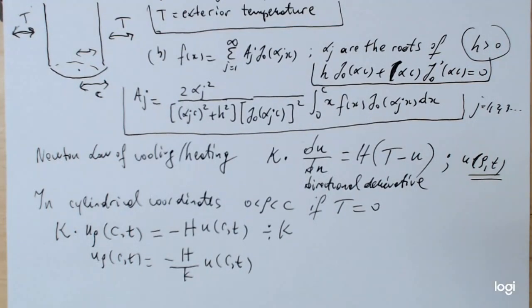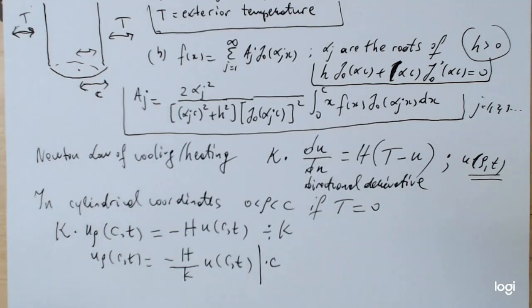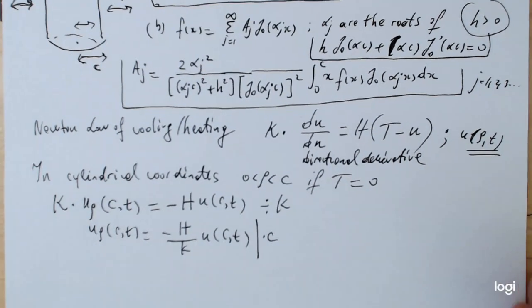And just for convenience, let's multiply both sides by c. Remember, c is a constant. It'll make the boundary condition, given in the formula, more compact. So c again is a constant, we can multiply both sides.